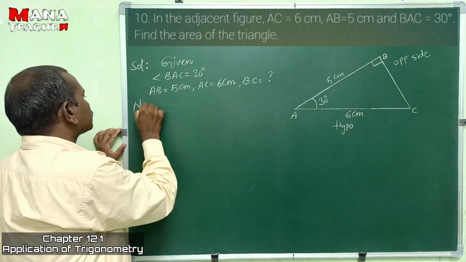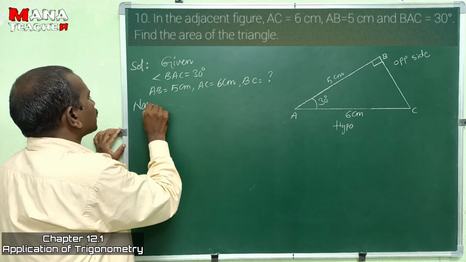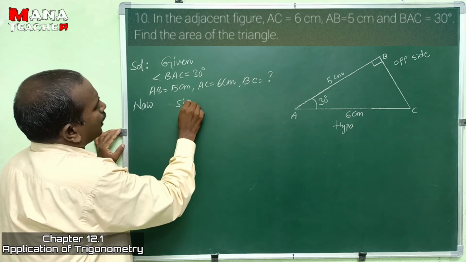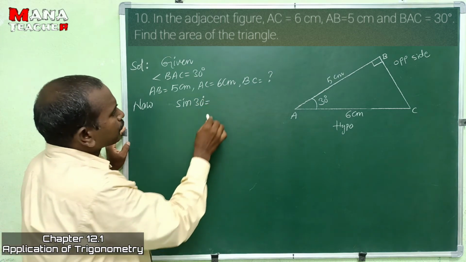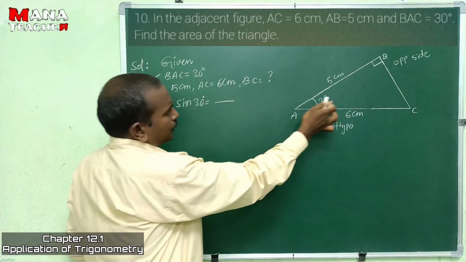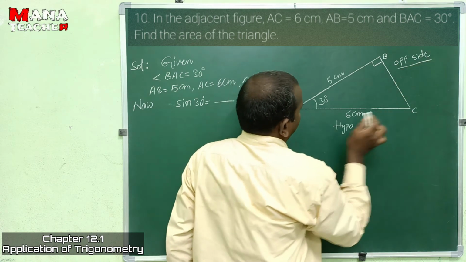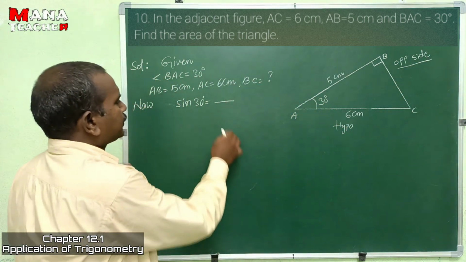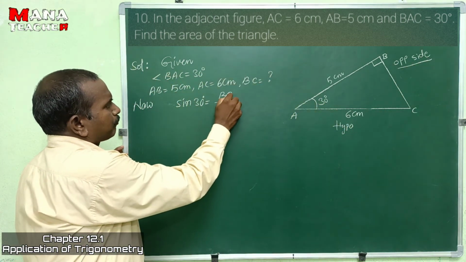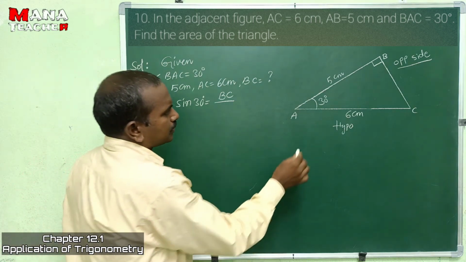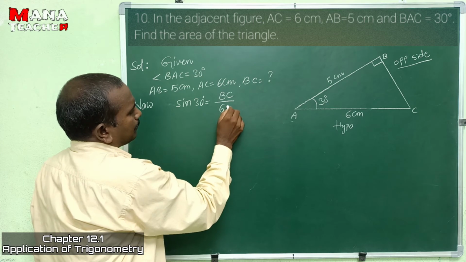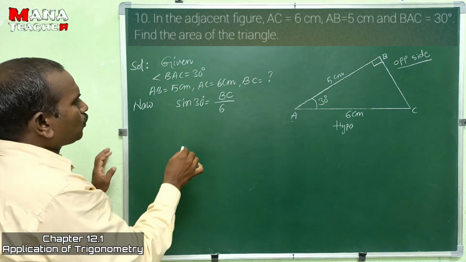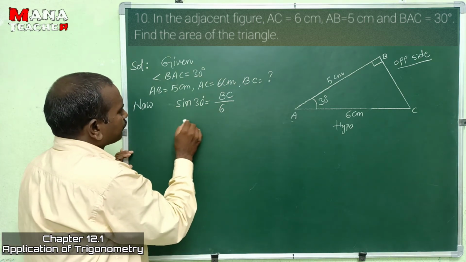Now take the sine ratio. Sine 30 degrees equals, here this is the opposite side of 30 degrees, BC, by the hypotenuse AC, 6 centimeters. So that is 6. Now what is the value of sine 30?